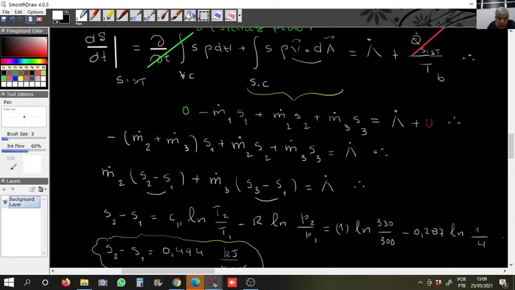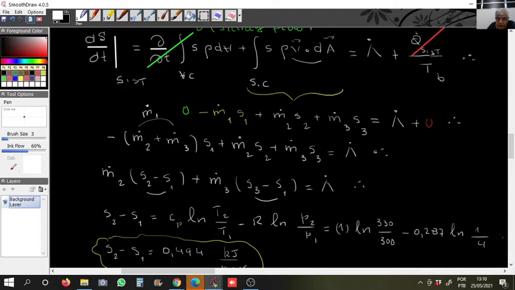And here I manipulate this adequately, and I know that M1 is the sum of M2 plus M3, times S1. This is M dot 1, from the continuity equation, which has to be satisfied.